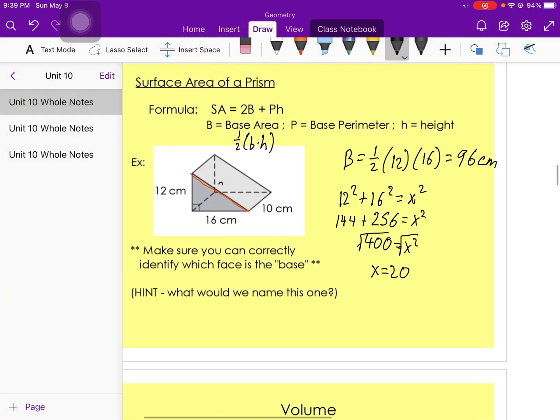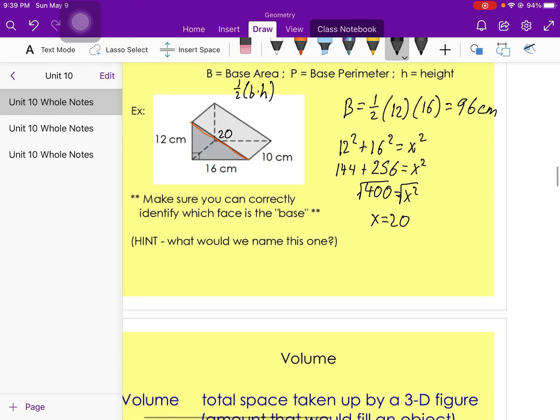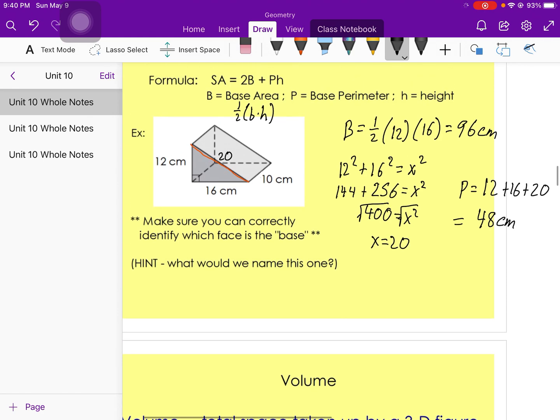All right, so now that we know that, we can figure out the perimeter. So the perimeter is going to just be 12 plus 16 plus 20, which is going to be 48 centimeters. So now we have everything that we need. Surface area is going to be 2 times the base, we already figured out was 96, plus the perimeter, 48, times the height of the actual triangular prism, which is 10.